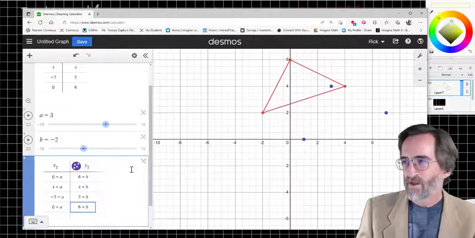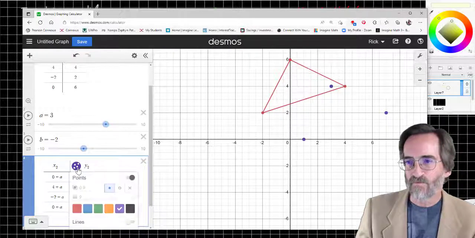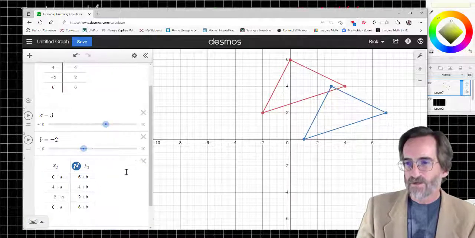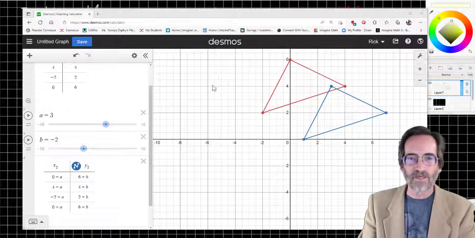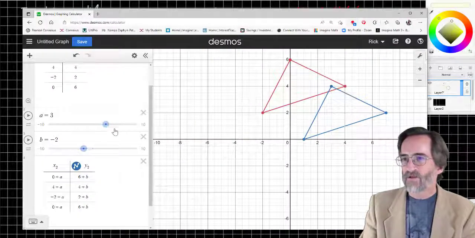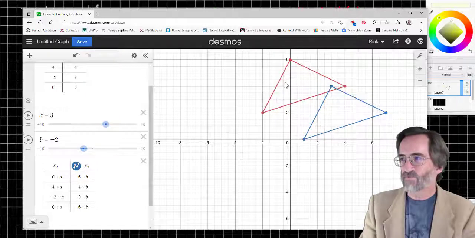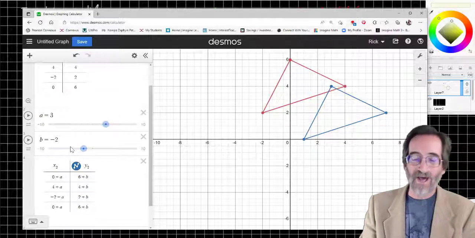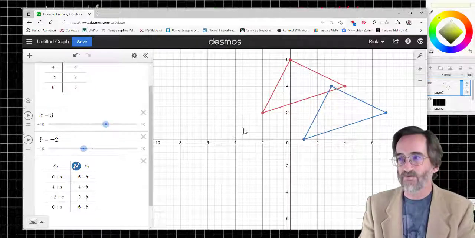Okay. And I'm going to make it blue, and I'm going to draw lines. And there's my translated triangle, just like in my hand drawing here. By adding 3 to all the x's, it moved 3 to the right. By adding negative 2, which is subtracting, it moved down 2.